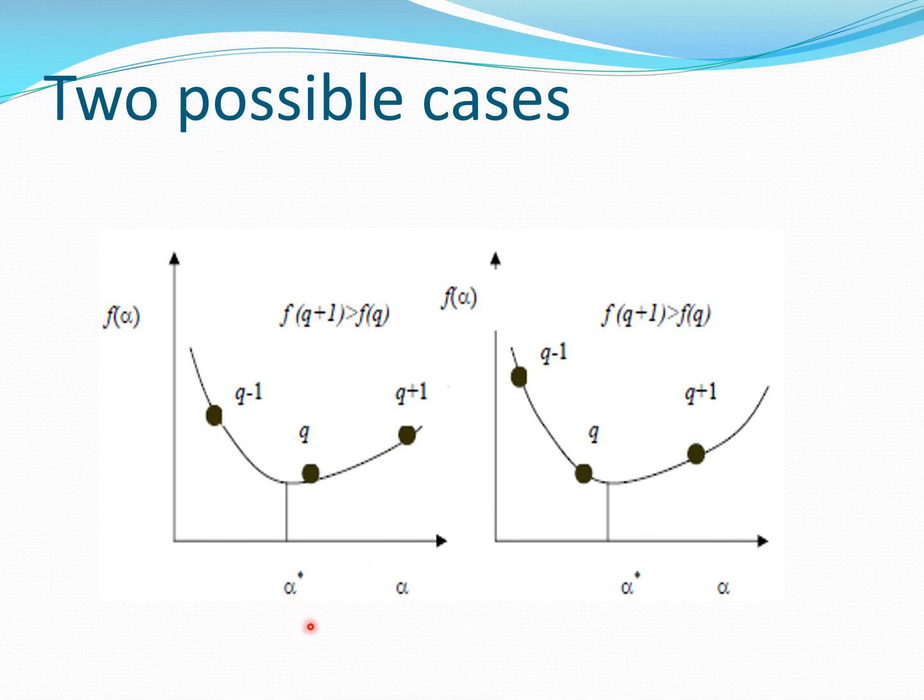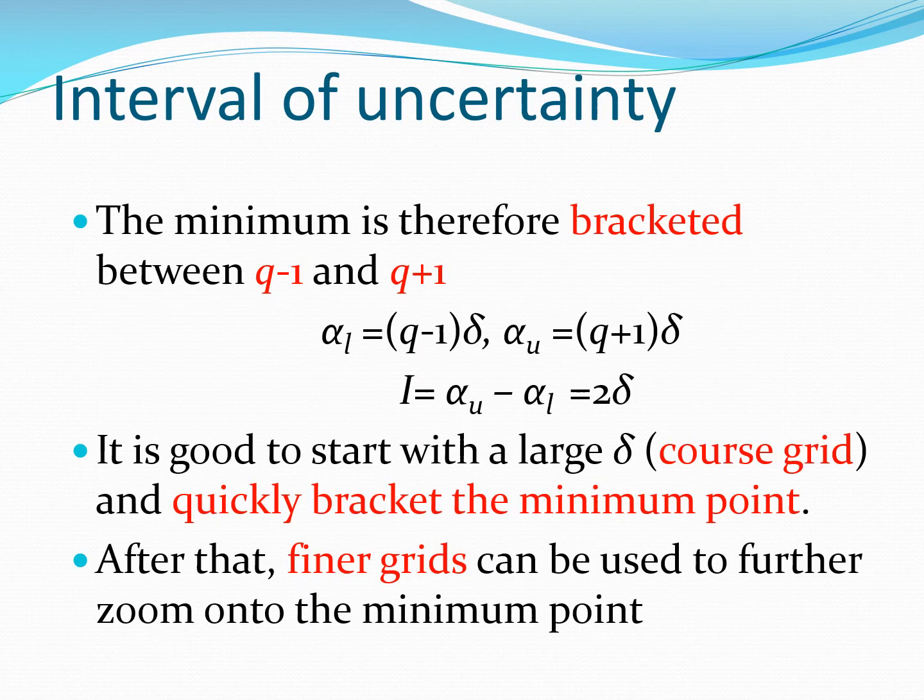So essentially we will denote the minimum by this value alpha superscript star, and this could be here or this could be here, and so essentially we have then bracketed the minimum point. So the minimum point is now bracketed between q minus 1 and q plus 1, and therefore alpha lower bound is q minus 1 delta and alpha upper bound is q plus 1 delta, and if you subtract these two numbers you get that I is 2 delta.